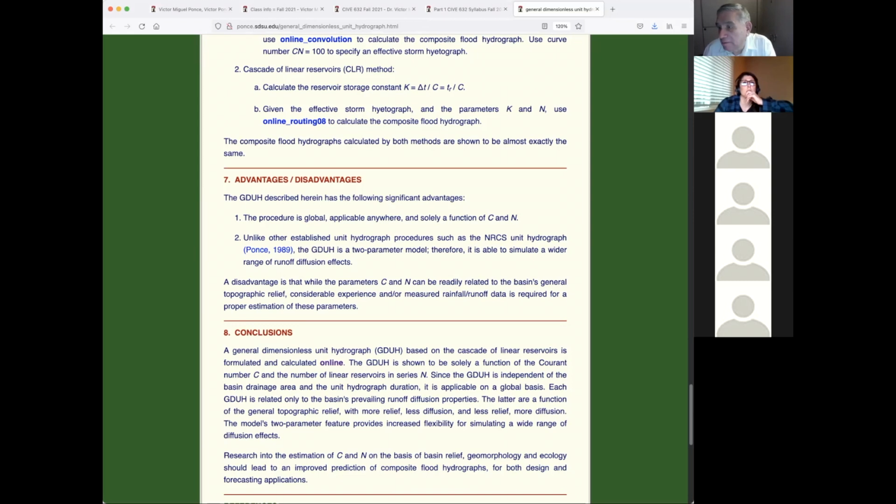Like, for example, Pima County, Arizona, because I'm familiar with it, would have an RFP to do the calculation of the unit hydrograph of a particular basin. And they would pay a certain amount of money, a contract, to some hydrologist that had a reputable career in unit hydrograph calculations to tell them what it was.